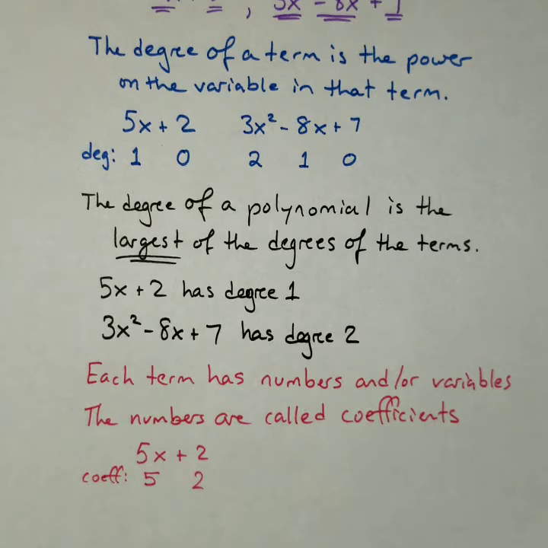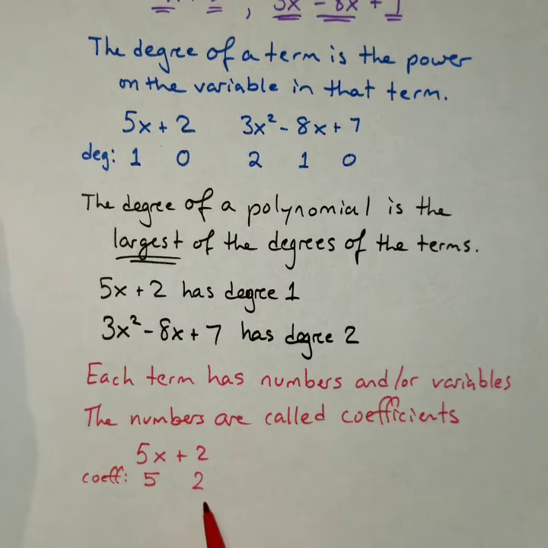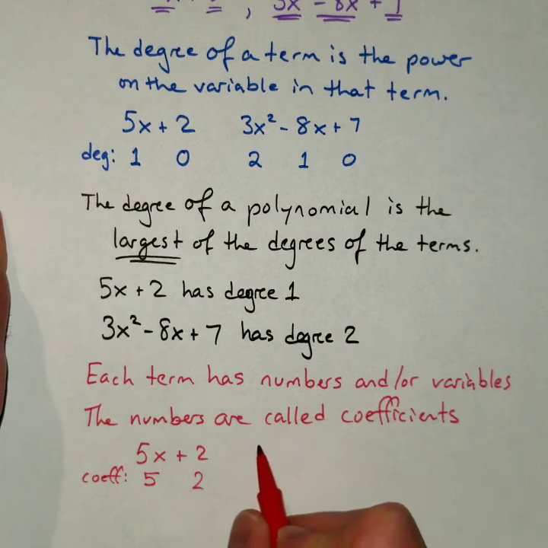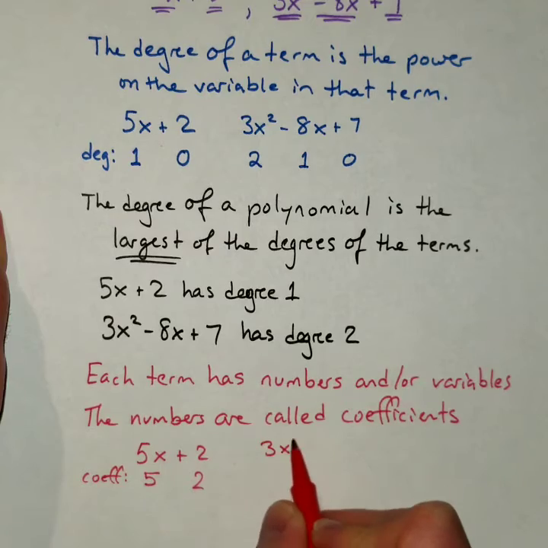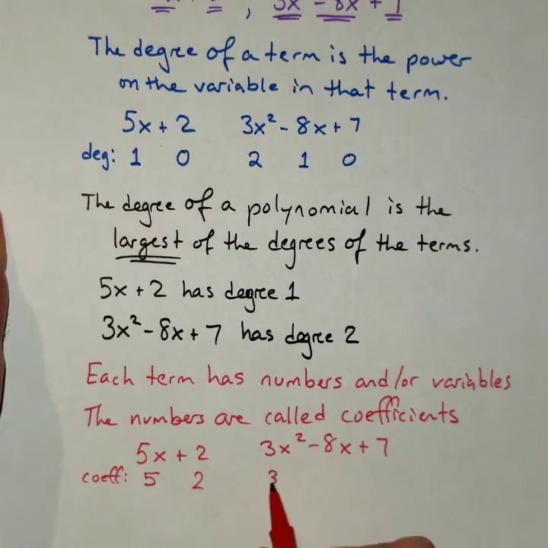So I'm going to go ahead and include it, even though a lot of people would say that may not be necessary there. Also, in the example 3x squared minus 8x plus 7, the first term has a coefficient of 3, the second term coefficient negative 8, and I would include a negative if there is one, and then the third term has a coefficient 7.